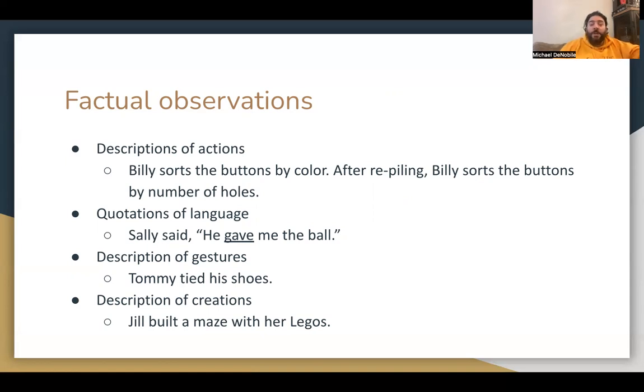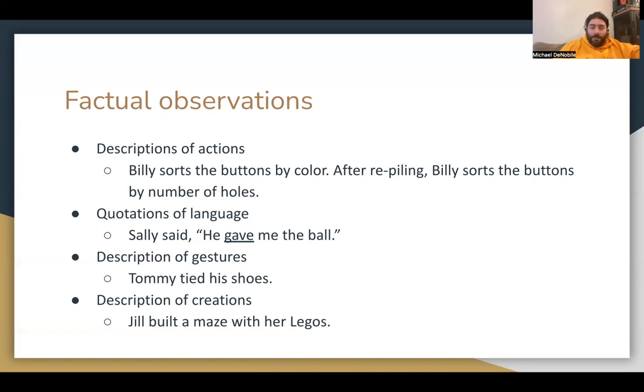So, for example, you wouldn't say Billy smartly sorted the buttons by color. You wouldn't provide certain adjectives and adverbs that seem to lead the observation in the direction that the teacher wants it to be.